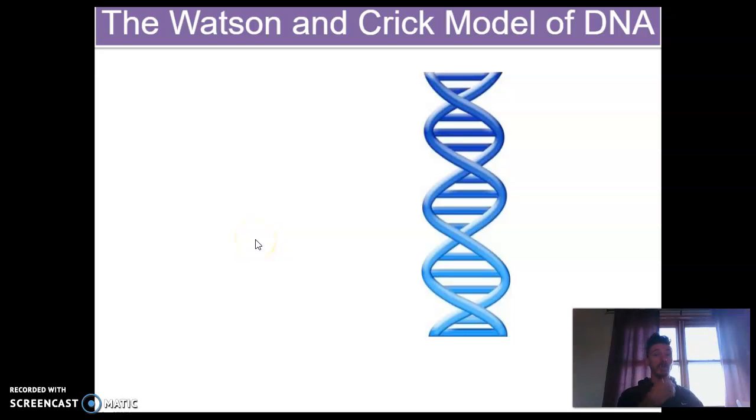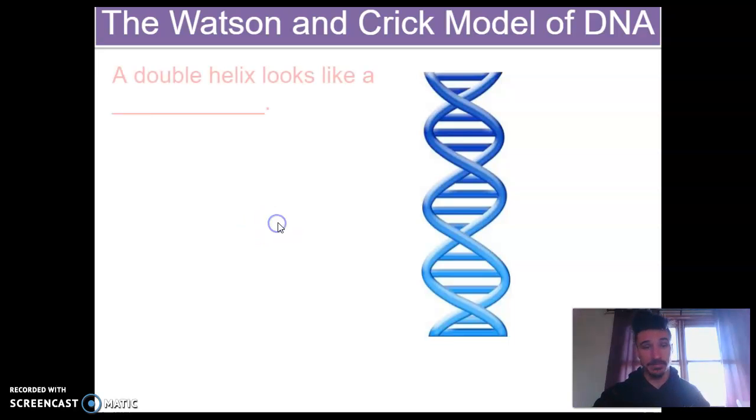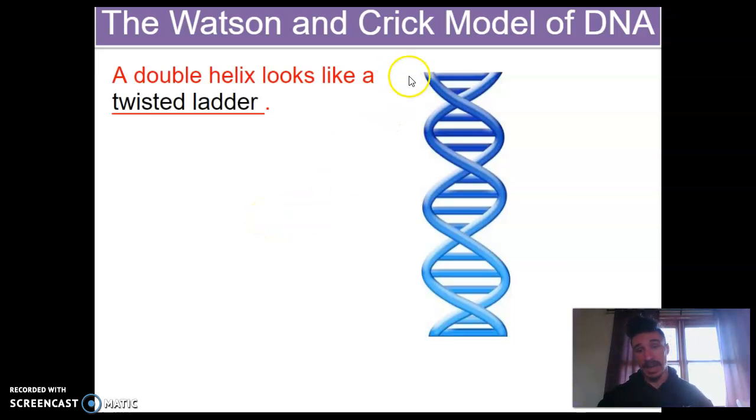Now, the Watson and Crick model of DNA built off of Rosalind Franklin's photograph, for which she would not get credit for many, many years because she was a woman in science, and women in science were often taken advantage of. Their model of DNA is as follows. It was a double helix that looked like a twisted ladder, like we see here.